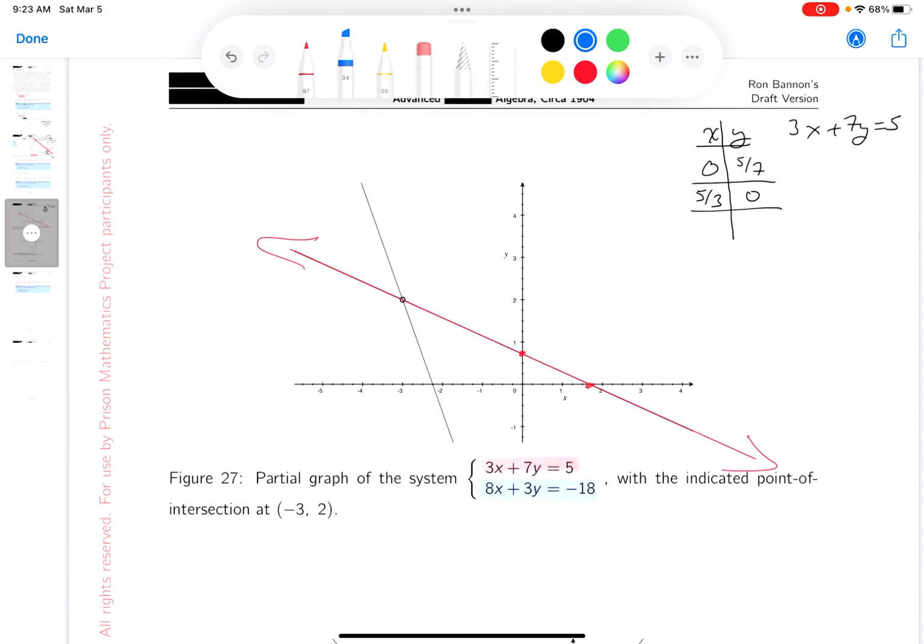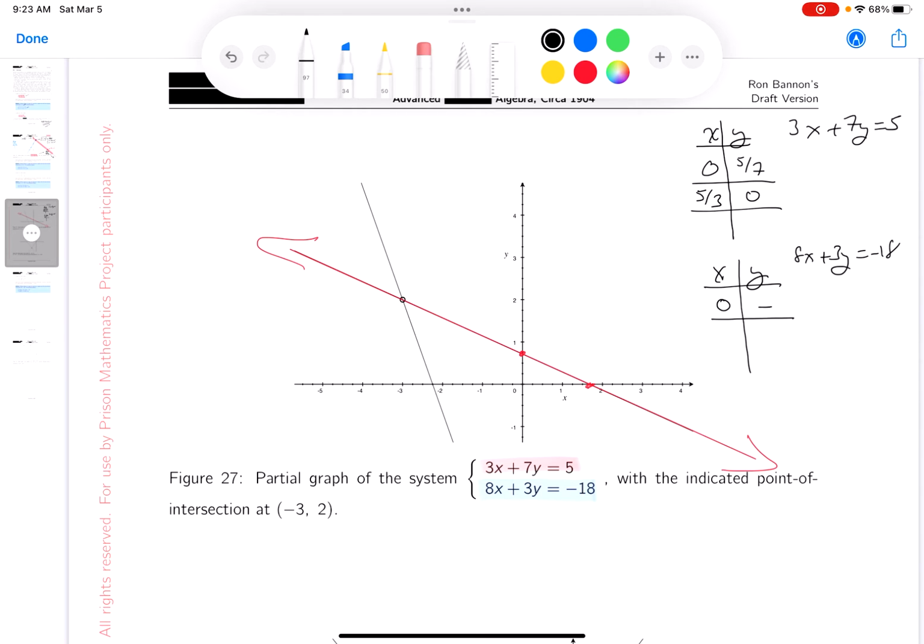I want to do this line over here. So I'll put my little table down, x and y, and I'll write the line down. It's 8x plus 3y equals minus 18. And again, I'm recommending the use of graph paper. What I would do over here is just pick an easy value. For example, I would pick x to be 0, and what would y be?